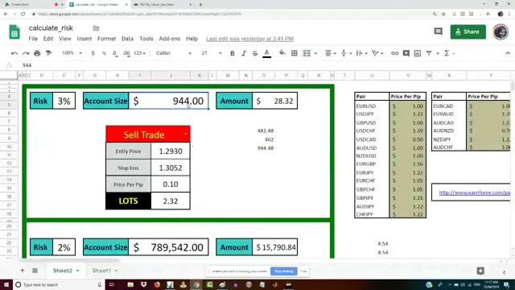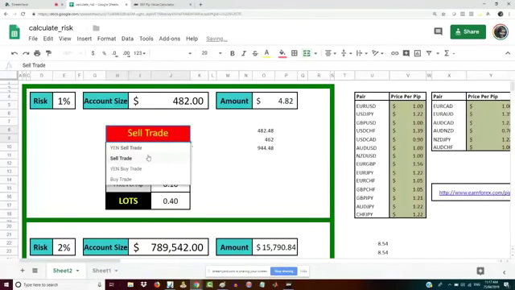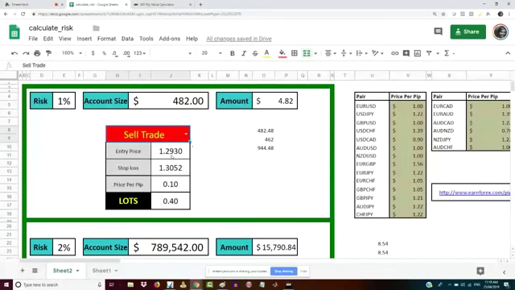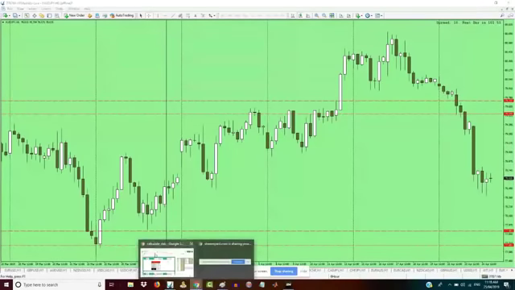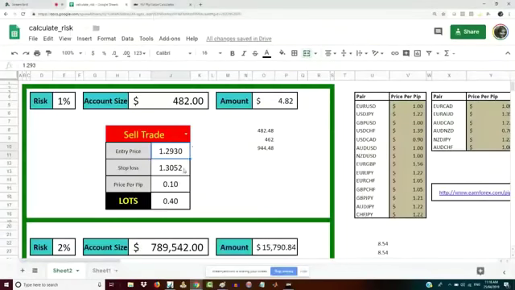I know I've got $482, and I'm going to risk, let's say, 2%. I know that I have a yen pair, so I need to select yen pair here. So it's a yen sell trade, and I said that my entry price was 78.63 and 79.40 was my stop.